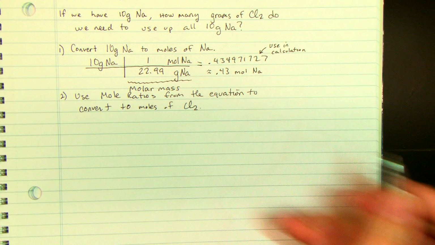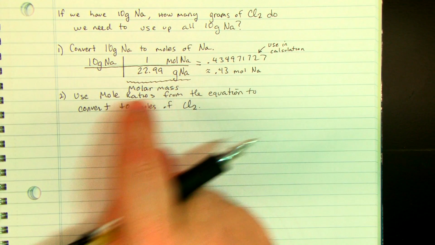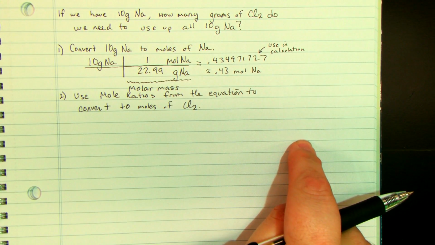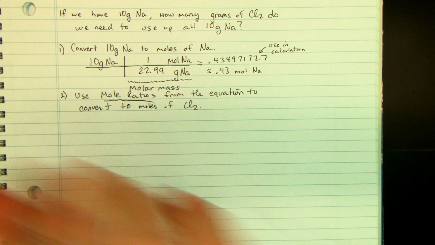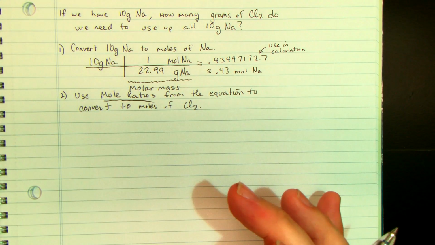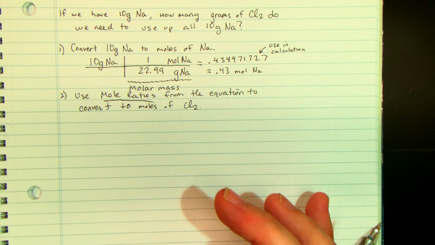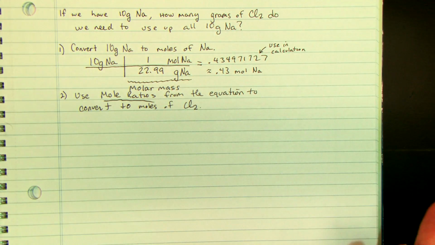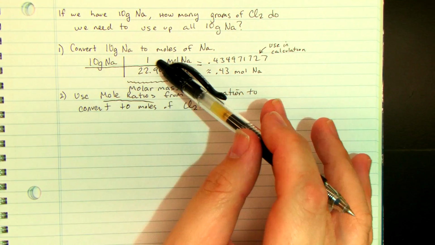So I'm going to take this amount of moles, and I'm going to convert it to moles of Cl2 using the mole ratio. So that's step 2. Now the nice thing about this is you're going to do the same process every single time. So once you know the process, everything's good to go. Which is why I stress that you have to know the process of unit analysis, because that's what you're going to use all the time.